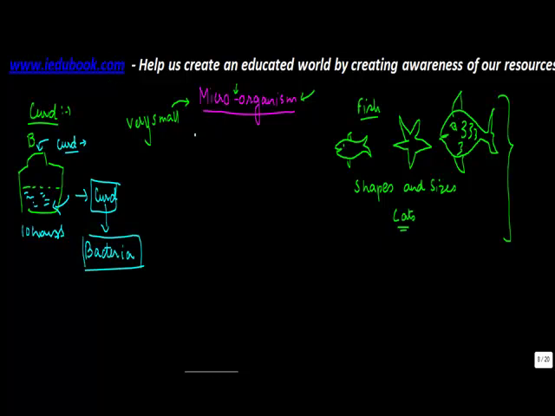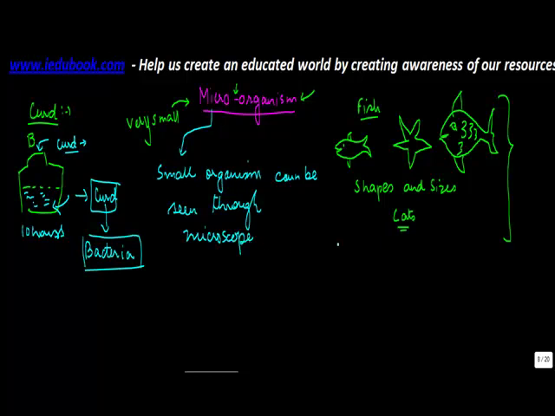And what you have to do is, all these bacteria and small organisms can be seen through a microscope. What is a microscope? A microscope is kind of a device.